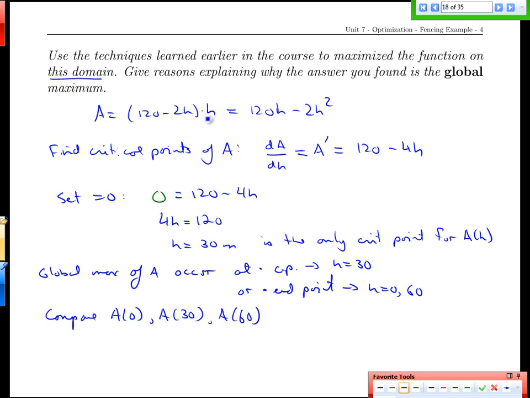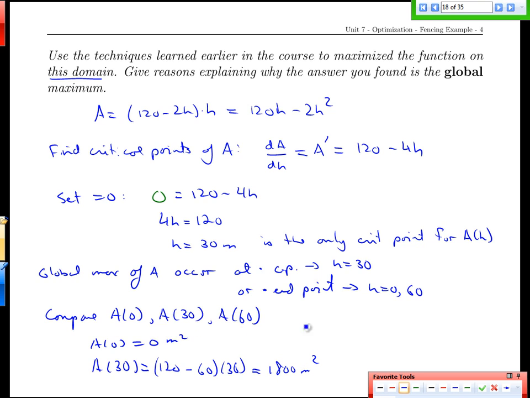And remember, here's our formula up here for area. A of 0 is, well, we're multiplying by 0, so it's 0. A of 30 is going to be the more interesting one. We'll have (120 minus 60) times 30, and that is going to equal 1,800 square meters.